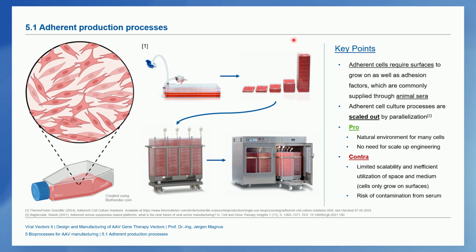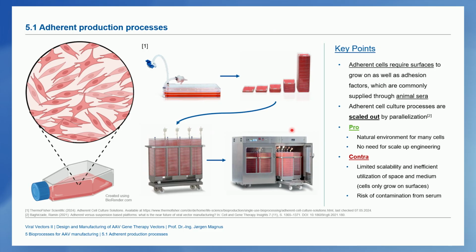And then you can take those 40 plates and add 4 of them on a cart, and then you can have 4 of these carts in an incubator. And now you have in this incubator 40 plates times 4, which is 160, and then times 4 again.